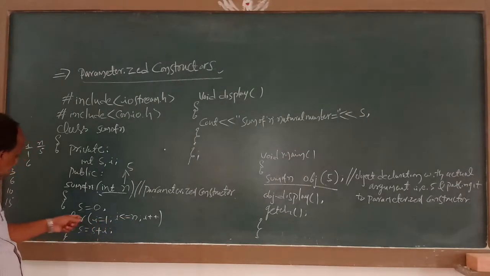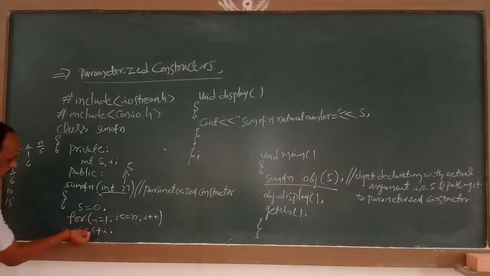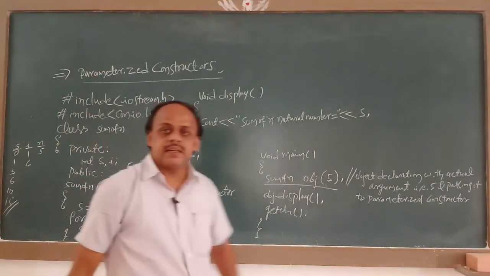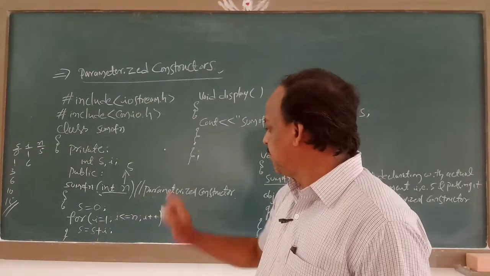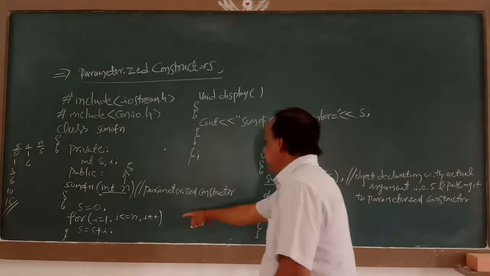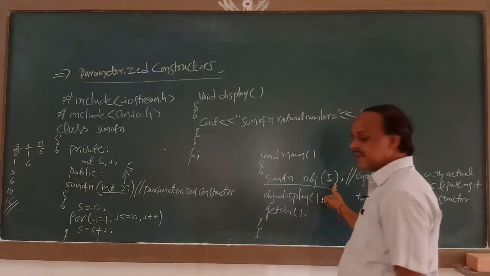No. No means it comes out of the for loop, and it also comes out of this constructor. Now what value does s hold? s holds 15, right? See here, then it comes back here.